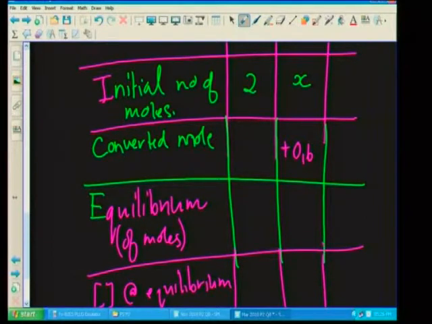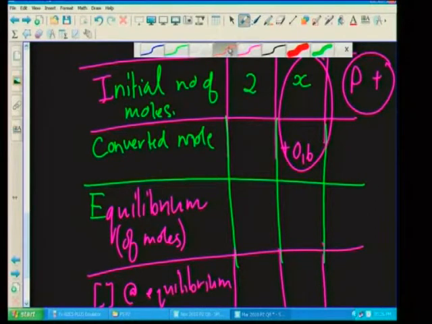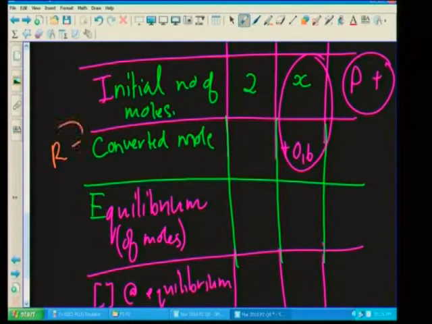So at equilibrium, for our products, we add, and for our reactants, we subtract. Right, I'm just writing on opposite ends of the screen. So over here, I'm going to subtract whatever amount I consumed. My equilibrium is going to be the sum of those 2 columns, so it is going to be X plus 0.6.